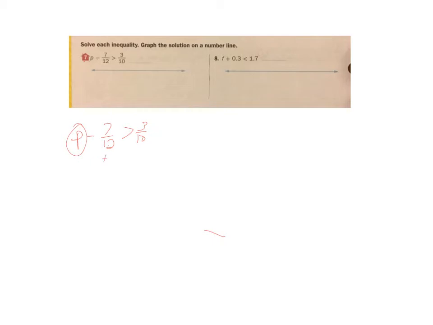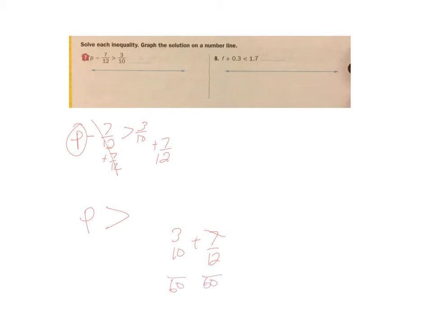I got to add 7/12 and add 7/12. Now, these cancel each other, so P is greater than, I need to find a common denominator, 3/10 plus 7/12.